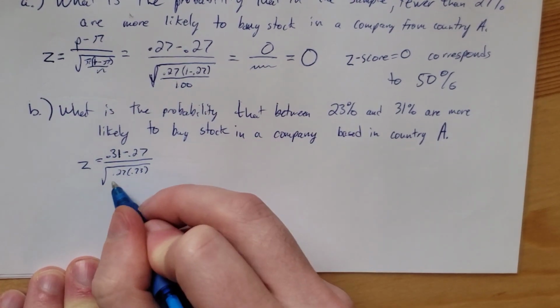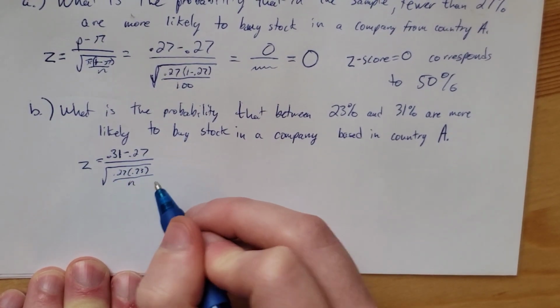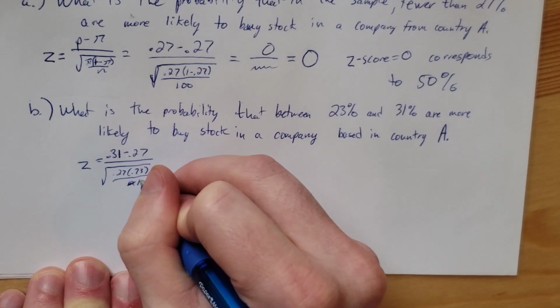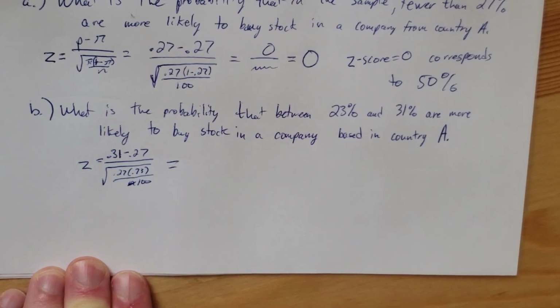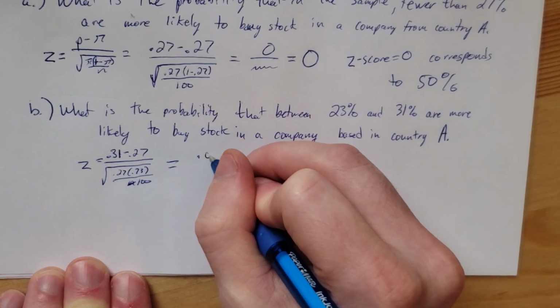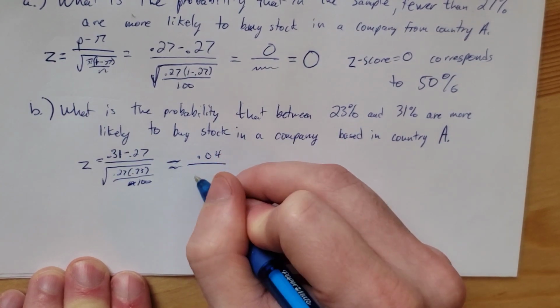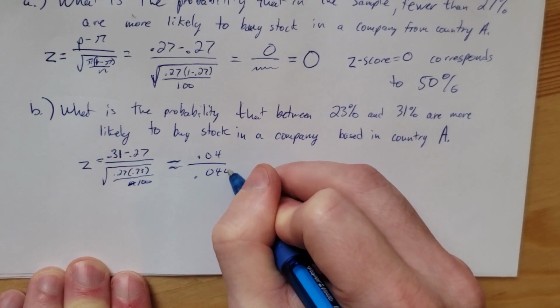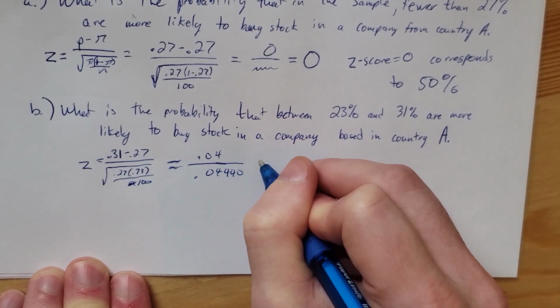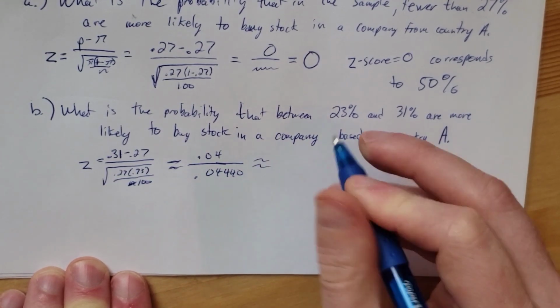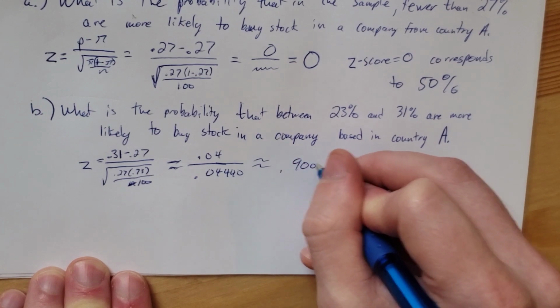The 1 minus 0.27, all divided by n, which was 100. Excuse me, I'll write 100 there. Well, we do this calculation, we get 0.04 over approximately 0.04440. And this is approximately 0.9009.